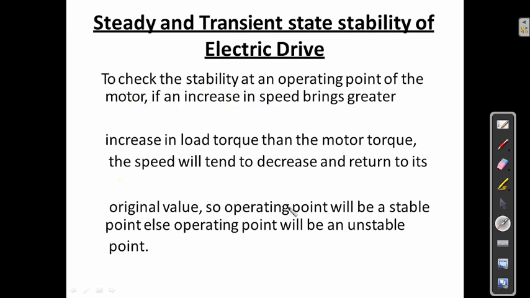As we said before, if the motor torque is high, then the steady state stability decreases. If the motor torque is low and the load torque is high, the operating point will be a stable point, otherwise an unstable point.